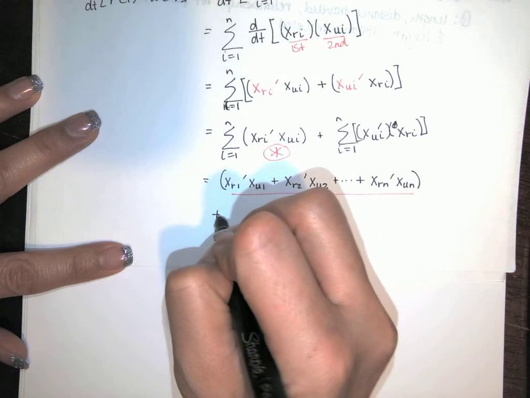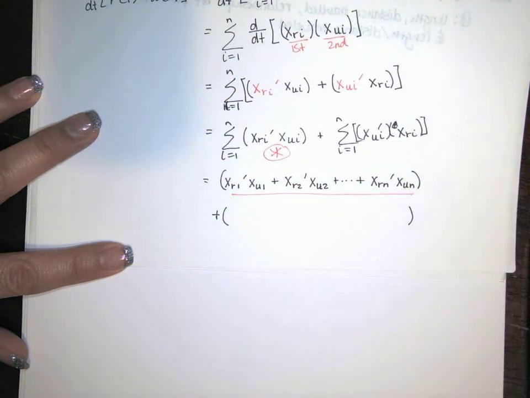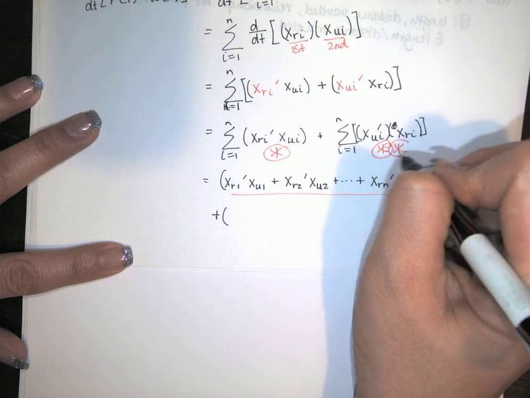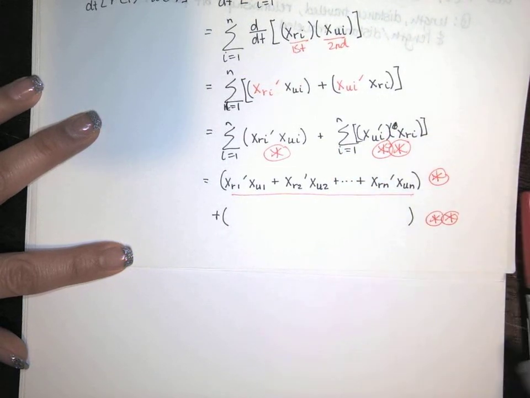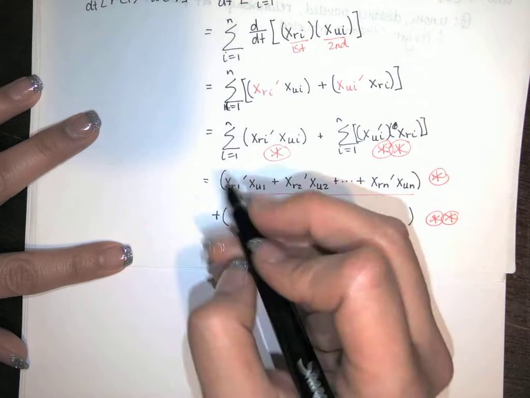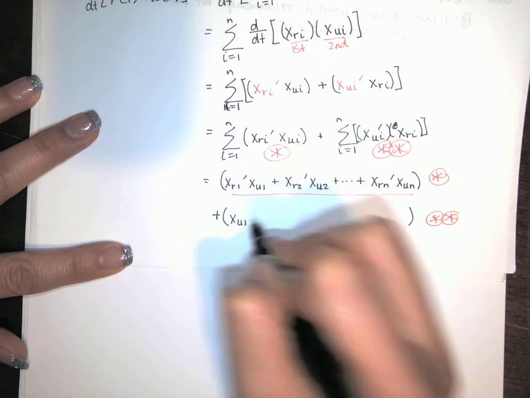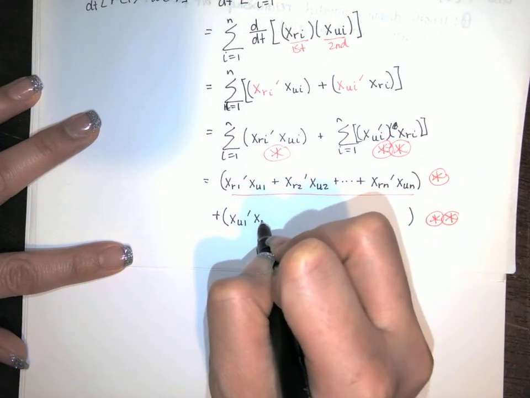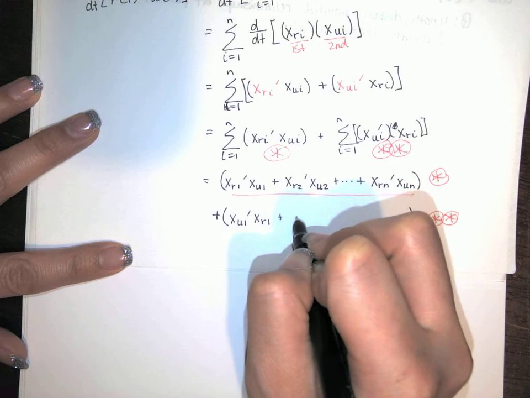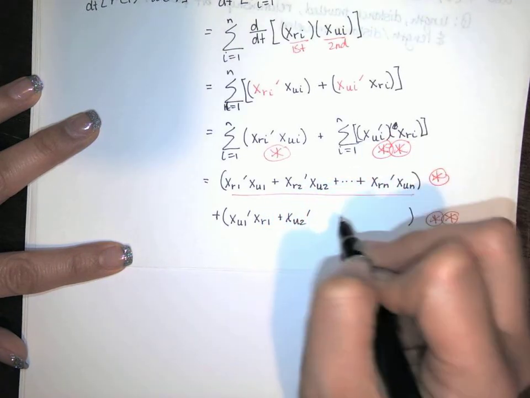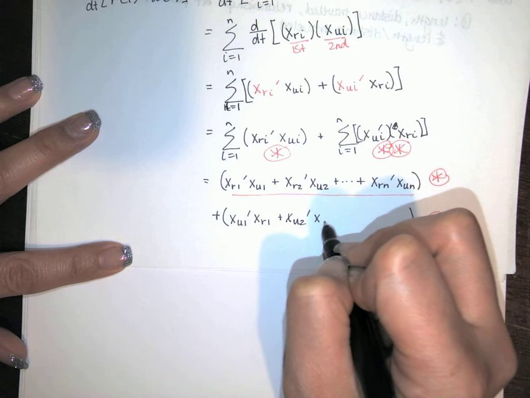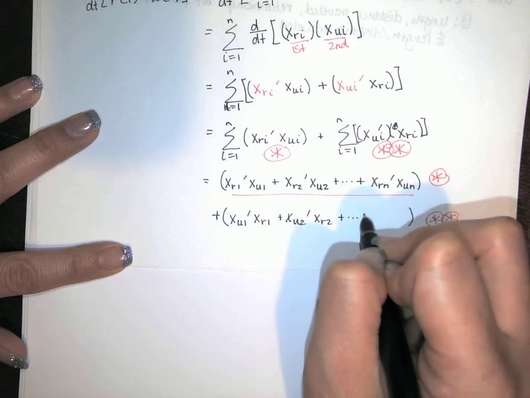And then we're going to add what we get for this one over here. When I substitute in i, so there's my double star, and that's my star. So when I substitute in i equals 1 here, we've got x sub u sub 1 prime times x sub r sub 1, when i equals 2, I get x sub u sub 2 prime times x sub r sub 2, and we keep going.